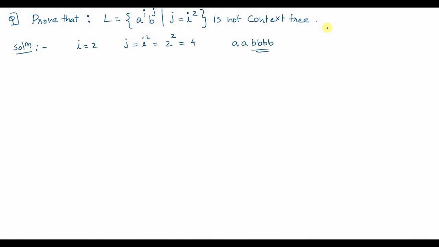So let me start the problem. When you calculate the length of this string, 1 2 3 4 5 6, let's say n equal to 5, which is an arbitrary length.